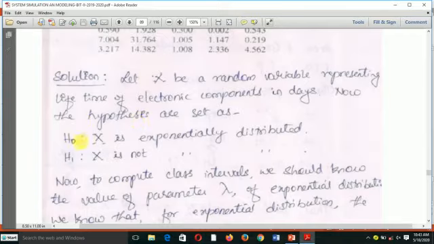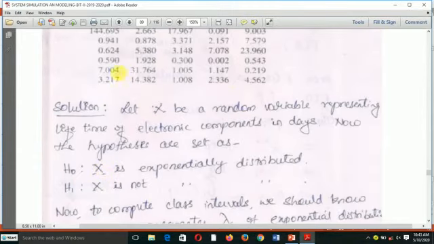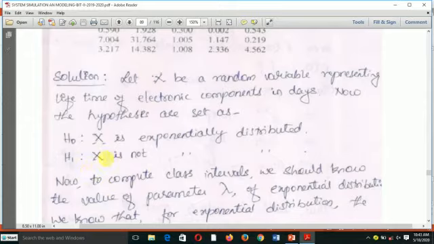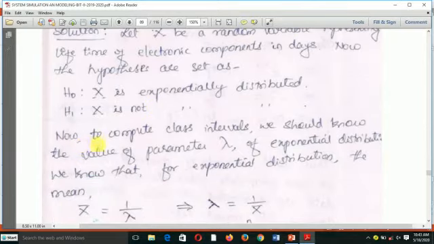H0 is going to say that x is exponentially distributed, meaning that this list is exponentially distributed. H1 is when x does not follow the exponential distribution. So now we are going to test which one of them is true.